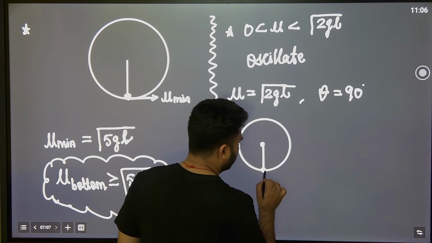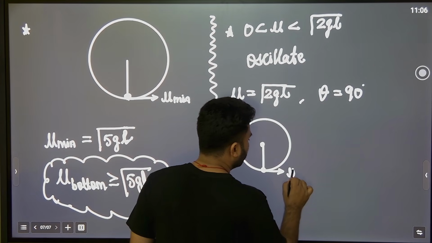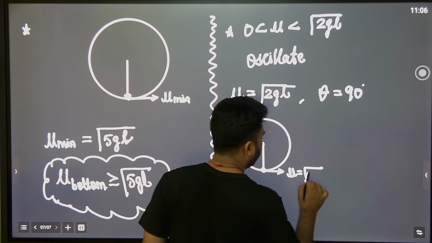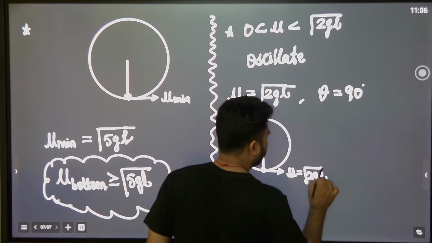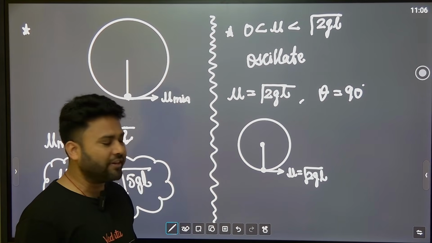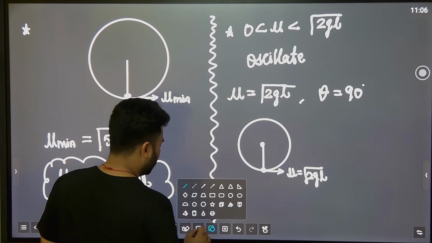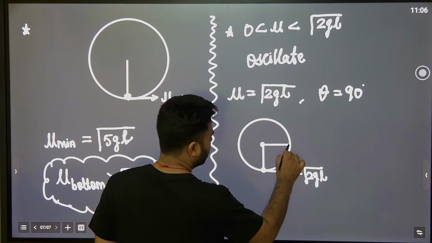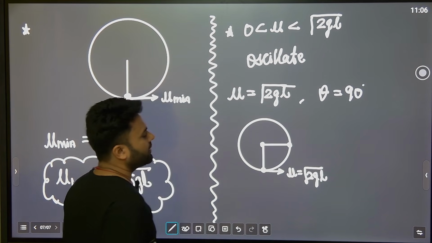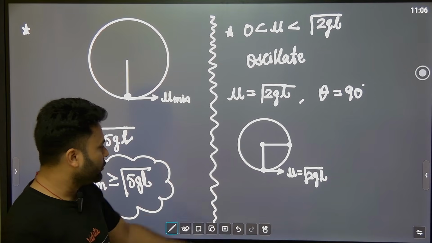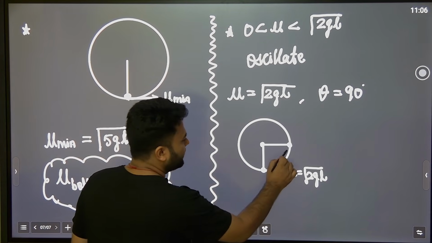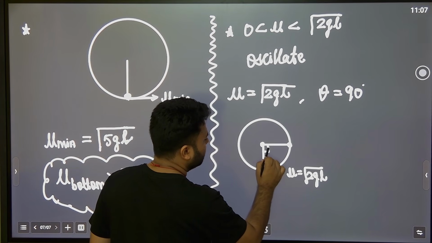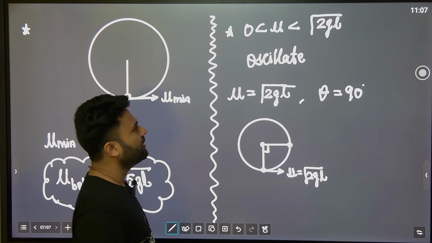Here, the speed at the bottom you are giving is root 2 GL. So what will happen? It will go to theta equals 90 degree, means the ball will reach up to this point. Correct? Means if you give root 2 GL, the ball will reach theta equals 90 degree, this point. That is what I have written.